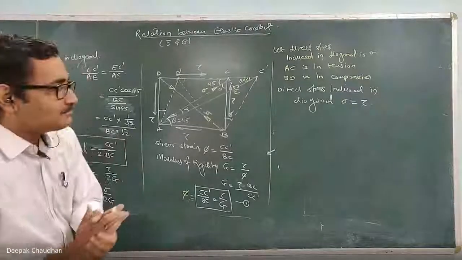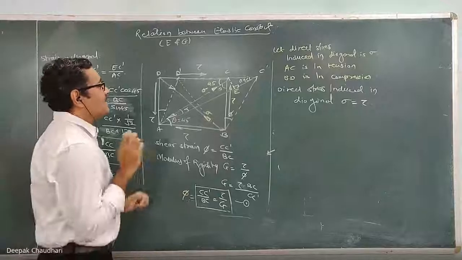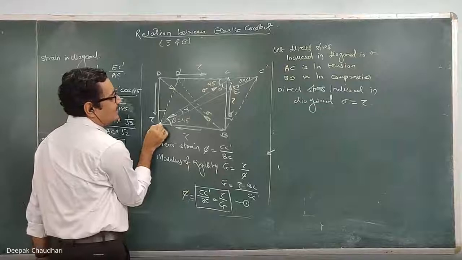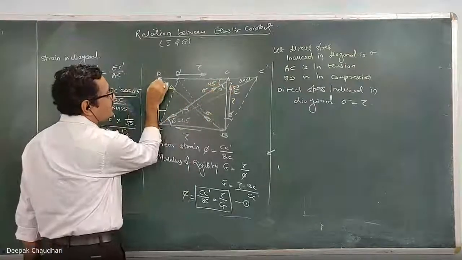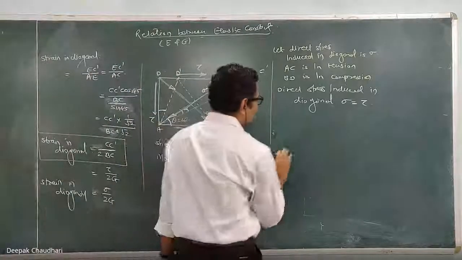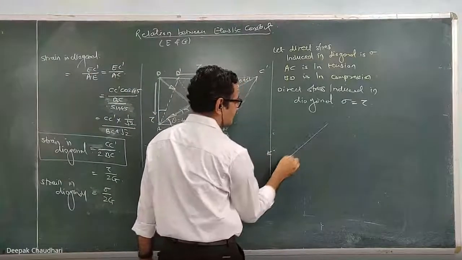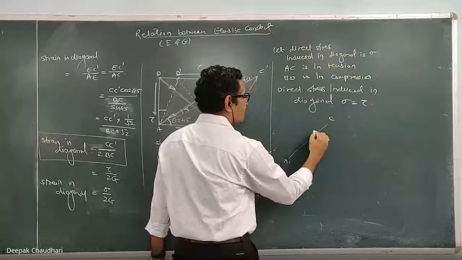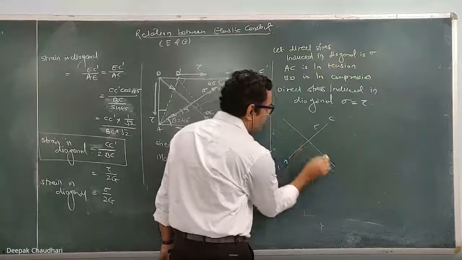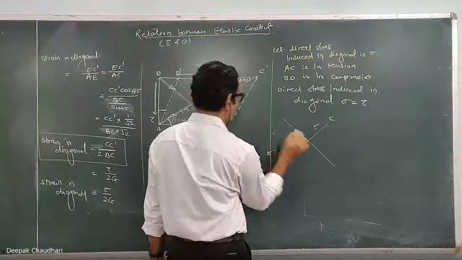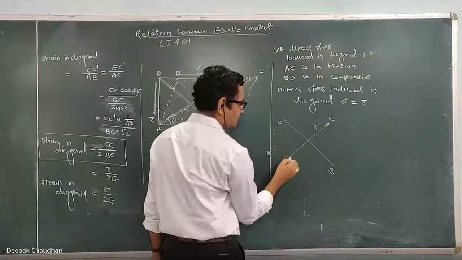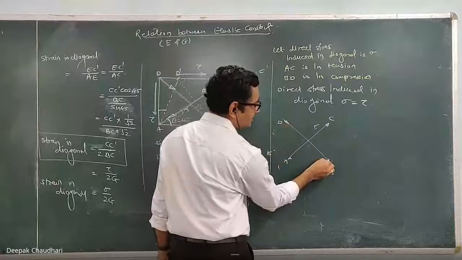Any doubt? Now, if you observe, there are two diagonals here. This one diagonal is AC, which is in tension, and the other diagonal is BD, which is in compression. Just look at the board. This is AC, which is subjected to tensile stress sigma, and the other diagonal is BD, which is perpendicular to that. Here this is in tension, and this is in compression.